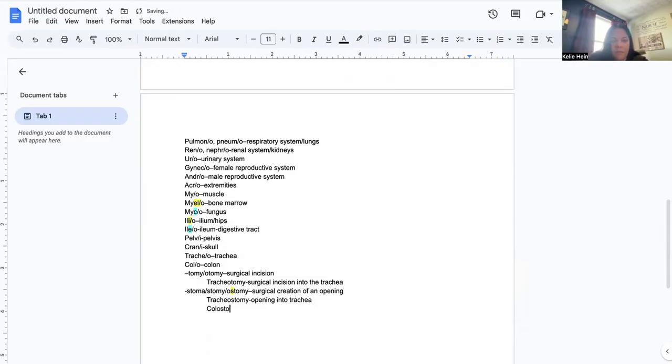Colostomy, opening into the colon, essentially. But what that means is what? That we are pulling some of that colon out onto the abdomen, right? If somebody has a colostomy, right? Those of you that are STNAs or have been around medicine, you've seen that stoma. If somebody has a colostomy, they have an opening, right? And that's literally bowel on the outside, guys, okay? And that's how we get the feces out, okay?